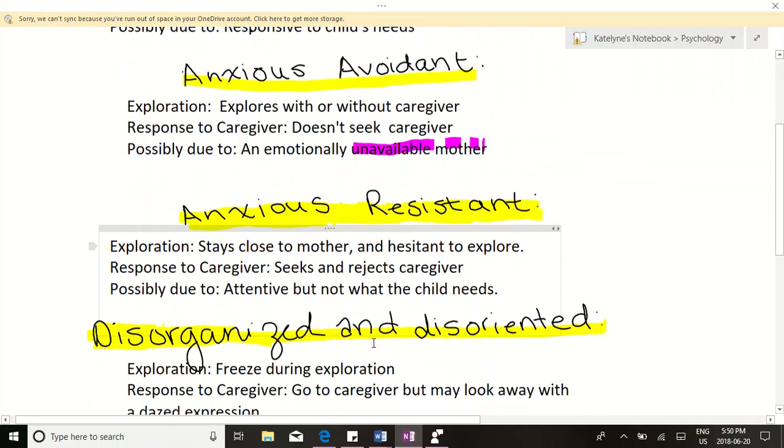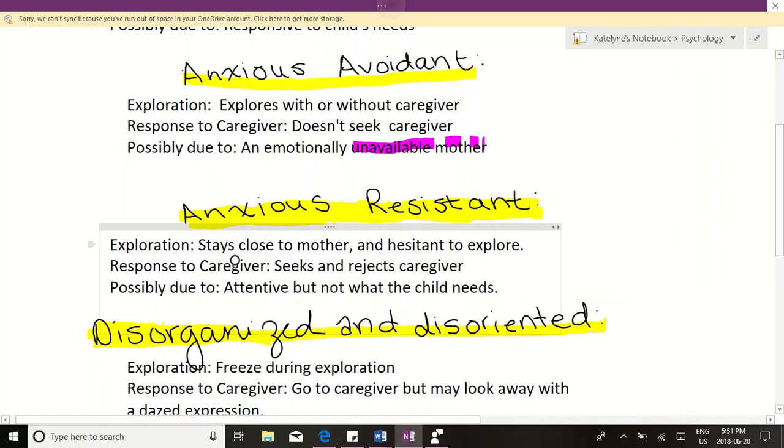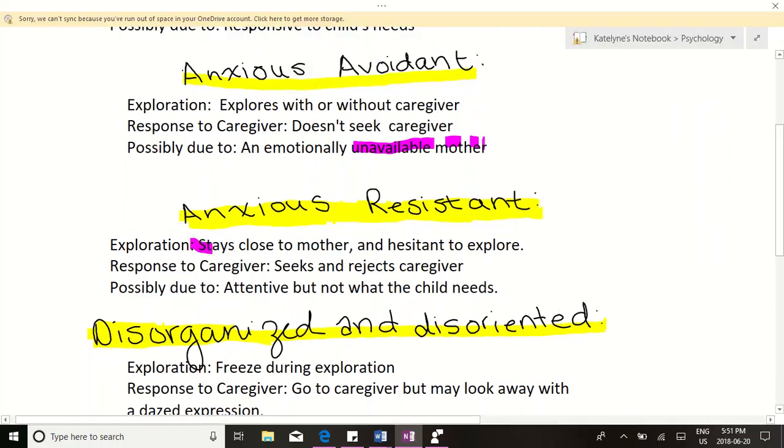The third type of attachment style, anxious resistant. When the child is in the same room as the mother or primary caregiver, they tend to stay close to their primary caregiver, and they're usually hesitant to explore the area.